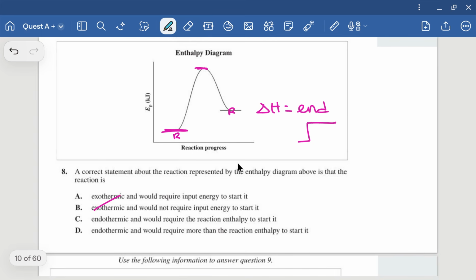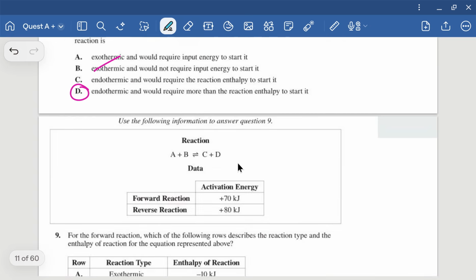So we can take away these first two, and would require the reaction enthalpy to start it. What does it say? And would require more than the reaction enthalpy to start it. Let me just see here for a second. This is going to be D, because your reaction enthalpy is just between here. If we want this reaction to happen, we'll have to put more in there.